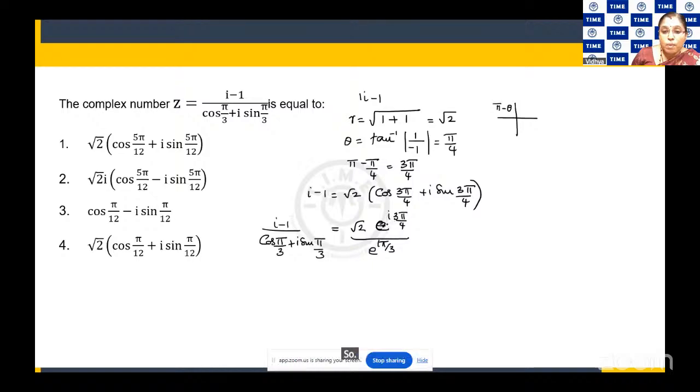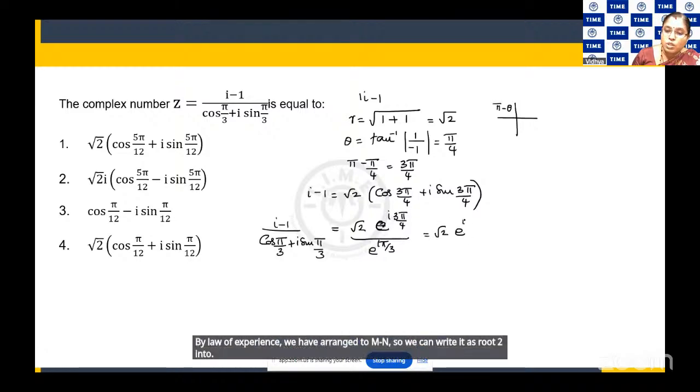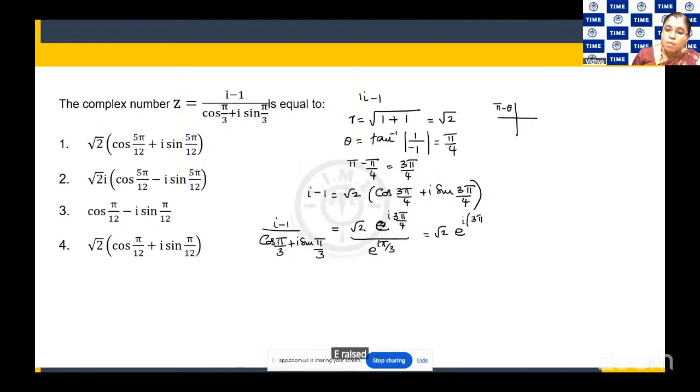So this is of the form a raised to m by a raised to n. By the law of exponents, we have a raised to m minus n. So we can write it as root 2 into e raised to i into 3 pi by 4 minus pi by 3. So let's simplify. Root 2 into e raised to i 9 pi minus 4 pi, that is 5 pi by 12.